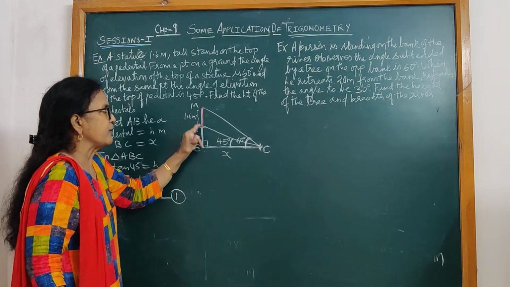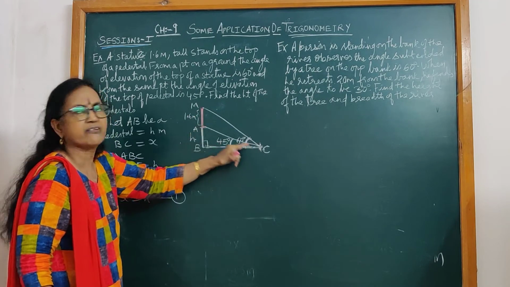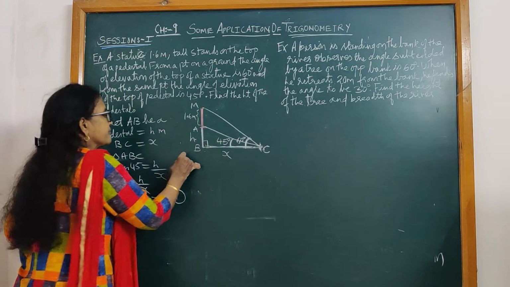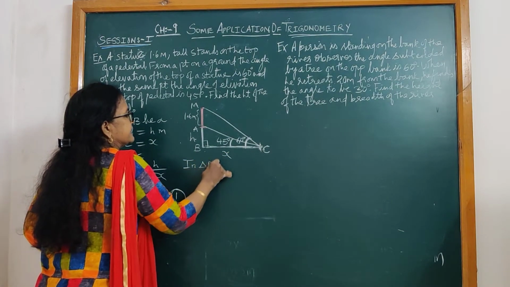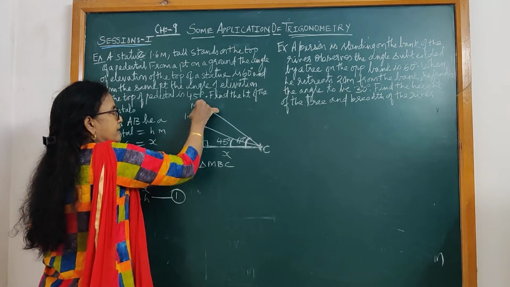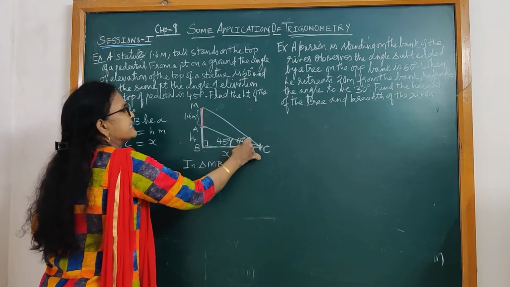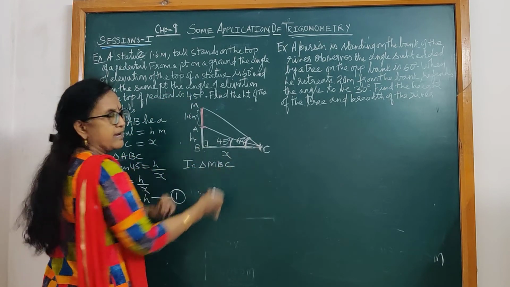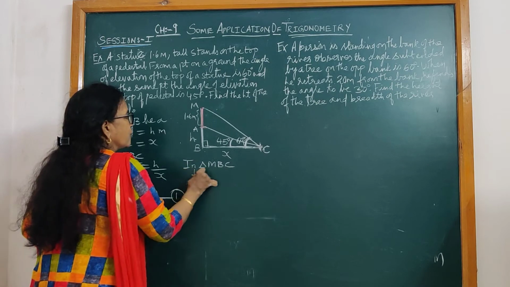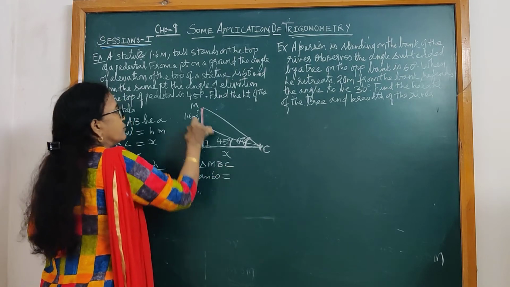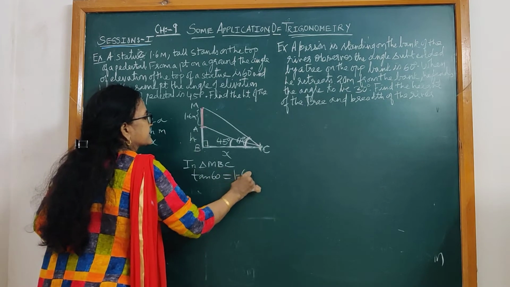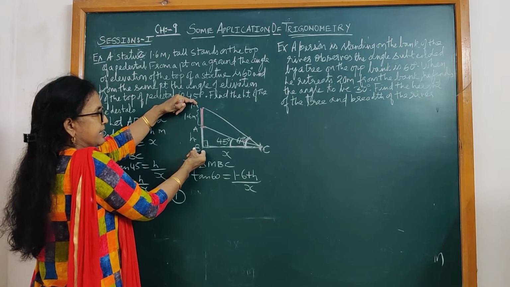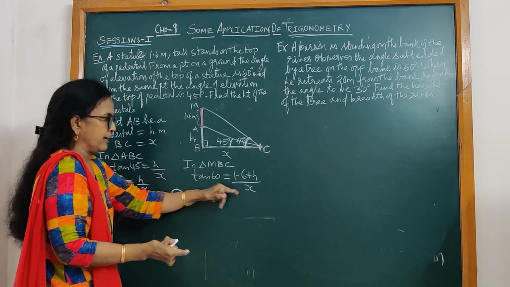Yes, so you cannot take this triangle as this triangle is not a right triangle. So we will go for this triangle, triangle MBC. In triangle MBC, the whole triangle we will take tan, now see again this upon this, that is opposite upon adjacent. Again the ratio is tan. So tan 60 is equal to 1.6 plus h upon x.